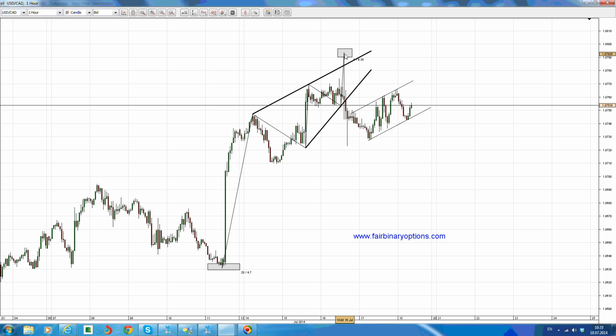In terms of the other scenario that I'm interested in, it would be this one here, this move from here to here, to be a contracting triangle that should act as a reversal pattern, and it means that the market goes like this from this moment of time. It goes, or from this moment of time, it doesn't really matter.